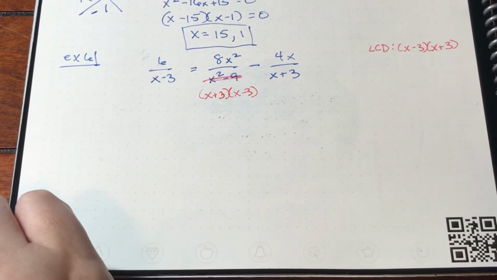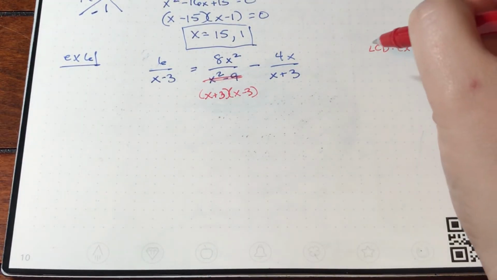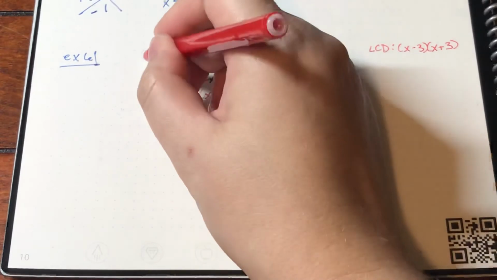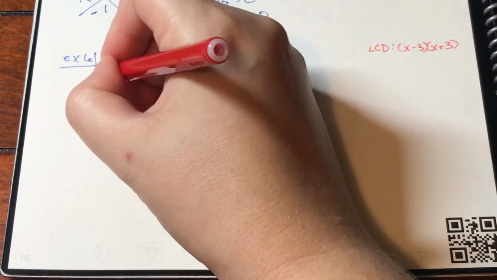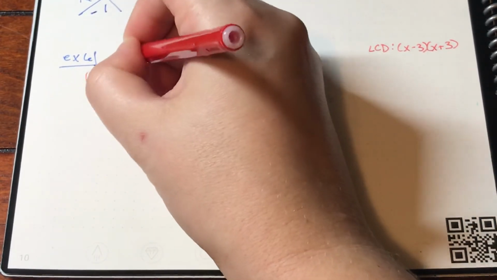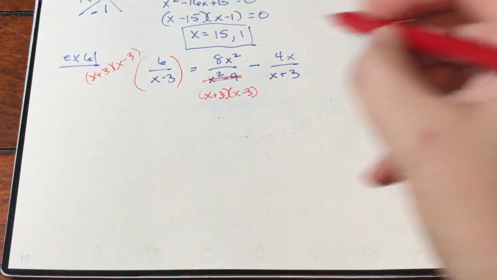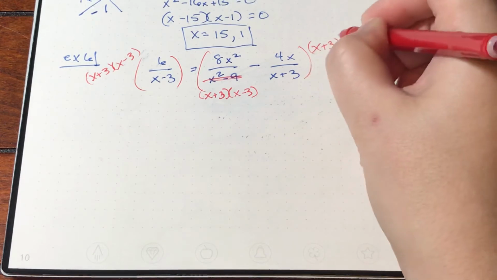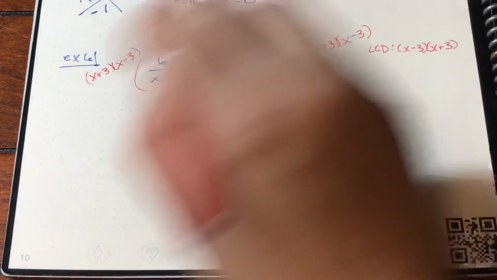Okay, so I'm going to multiply both sides of the equation by this whole thing. So times x plus 3 is 3, and then all of this times x plus 3 and x minus 3.